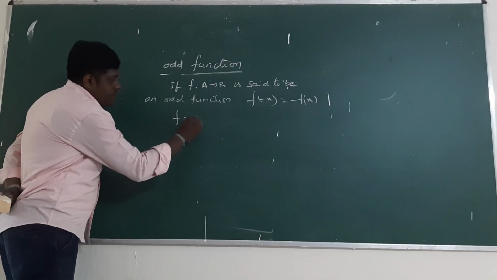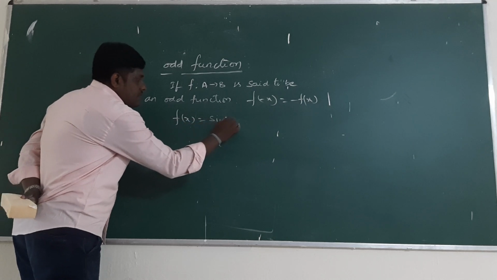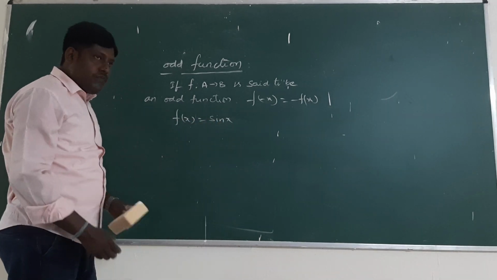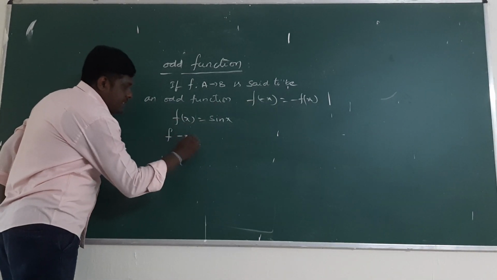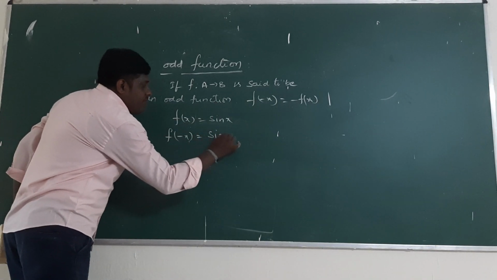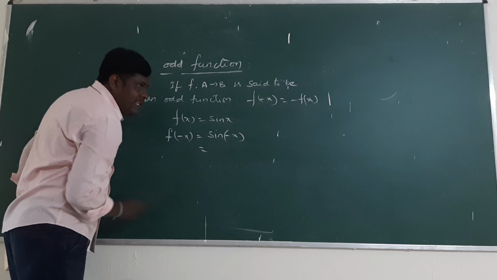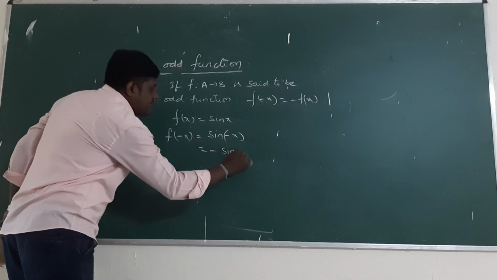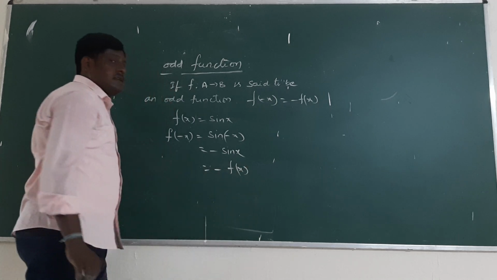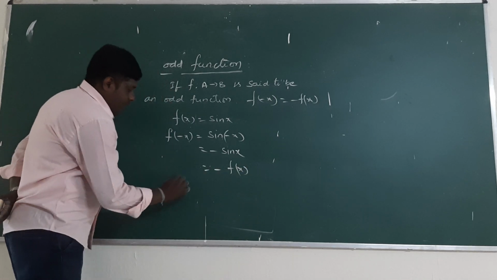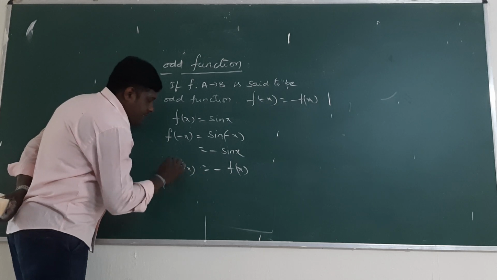See, let us take f of x equal to sin x. Once observe, is it even function or odd function? I have to check this condition only. F of minus x is equal to sin of minus x. Sin of minus x is nothing but minus sin x. So it is minus f of x. So f of minus x is equal to minus f of x.